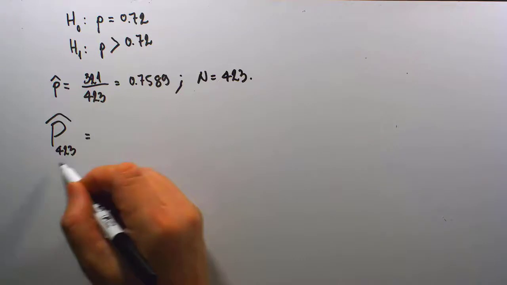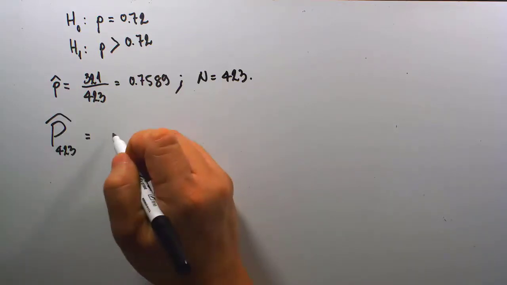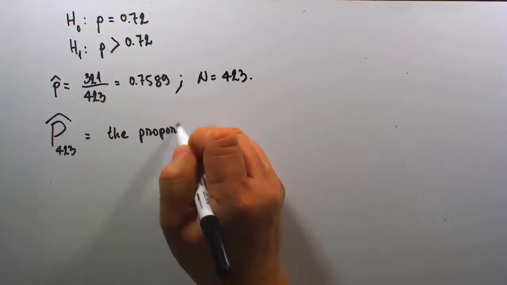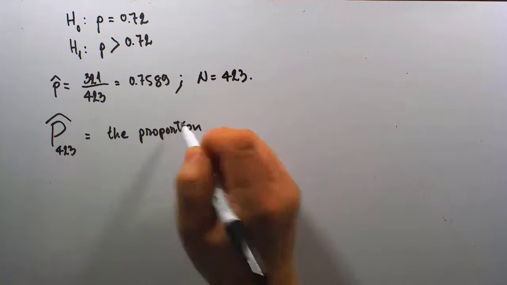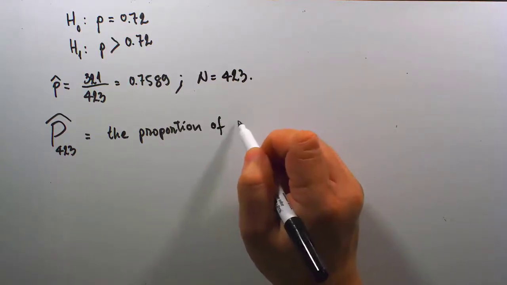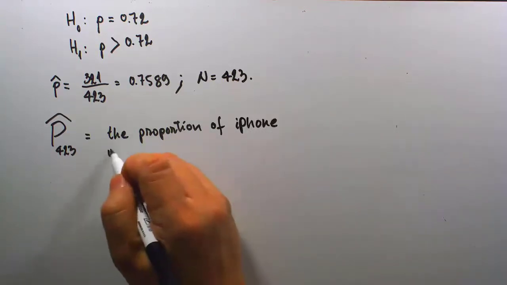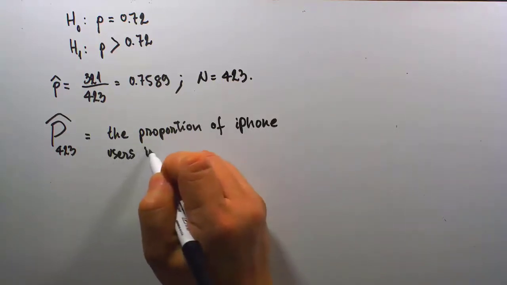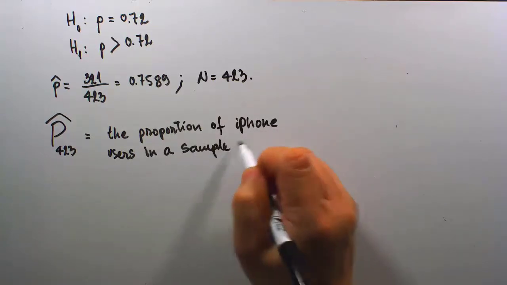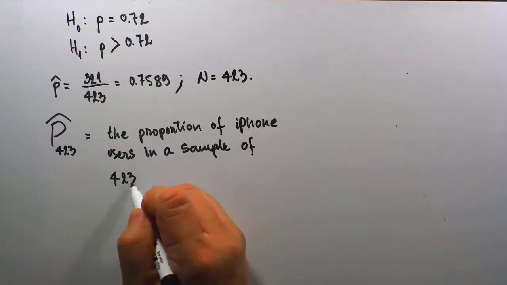Any value of this random variable capital P hat for 23 is the proportion of iPhone users in a sample of 423 cell phone users.